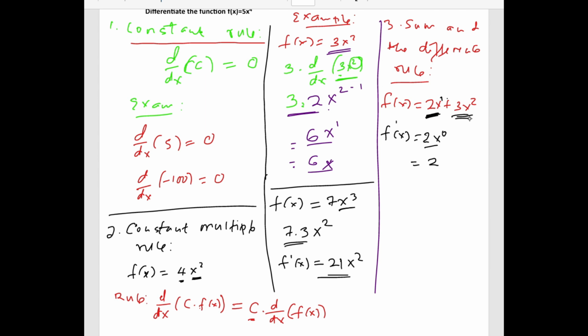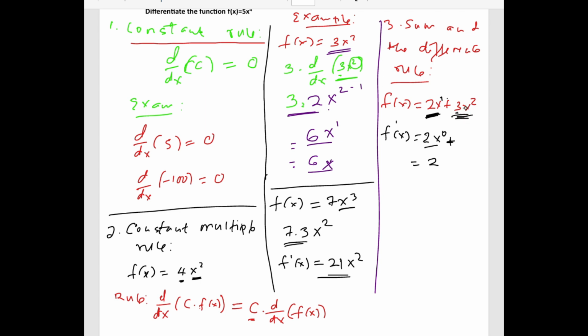The other one is this one over here. Because we had addition, you add here and move to the next term and differentiate it. Now you multiply this power with this coefficient, which is 3.